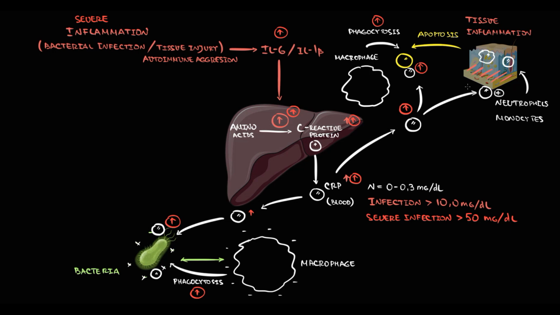And also, the chemotaxis of neutrophils and monocytes to the site of inflammation increases. So the more severe the inflammation, the higher is the demand for C-reactive protein. That's why an increase in C-reactive protein we consider a marker of inflammation.